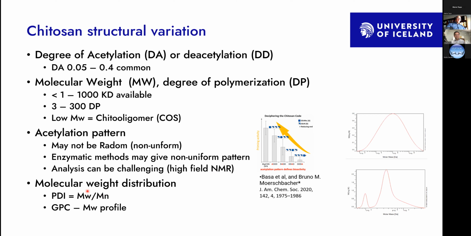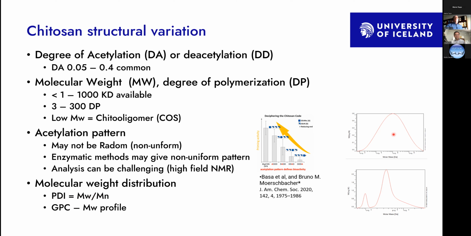Molecular weight is not all; ideally you should also report the molecular weight distribution. The larger molecules are not really available as monodisperse molecules, and you have the polydispersity index, which is common.